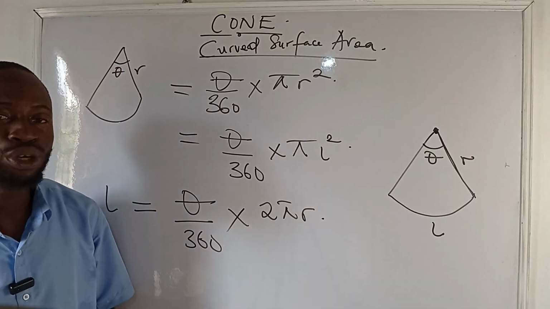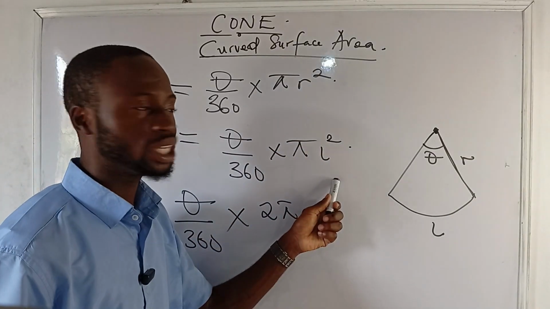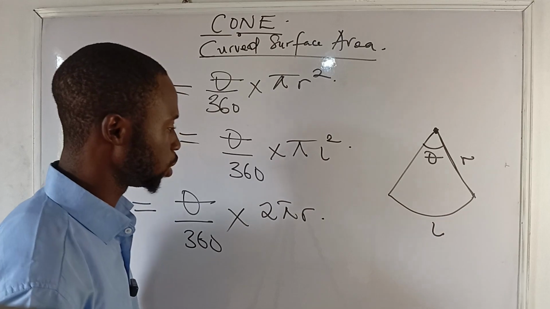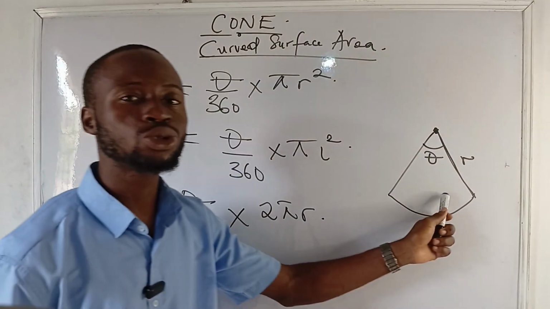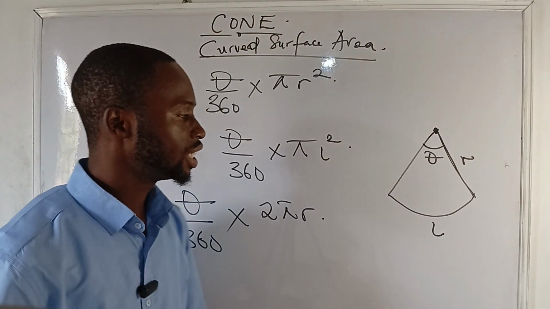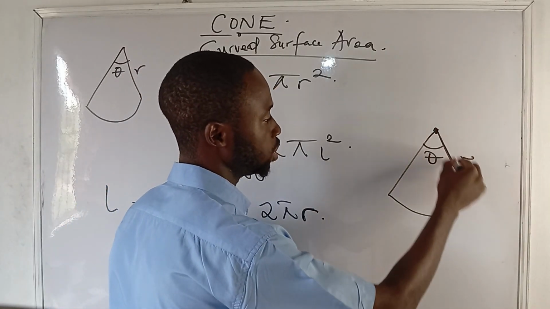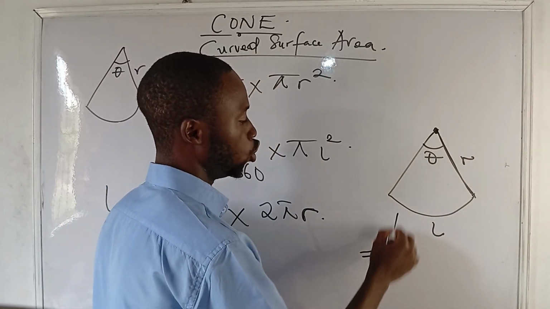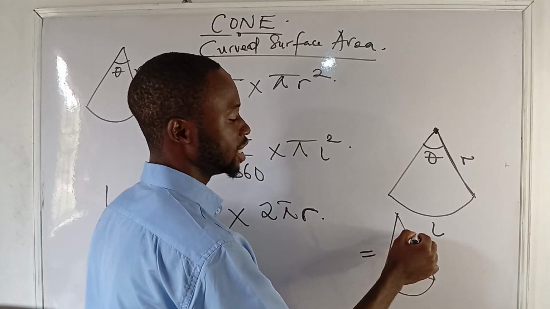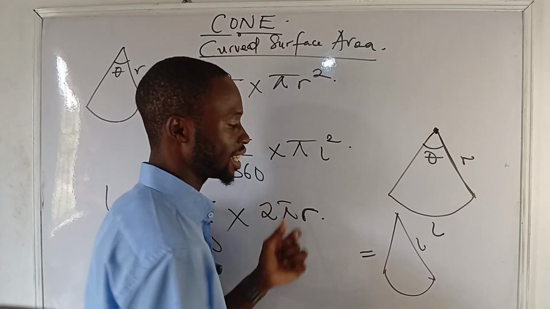Now, if you remember what we did here, where r became L squared, we can do the same thing to this, because if we turn this back to a cone, the radius of this sector will be the same thing as the slant height that I said earlier.